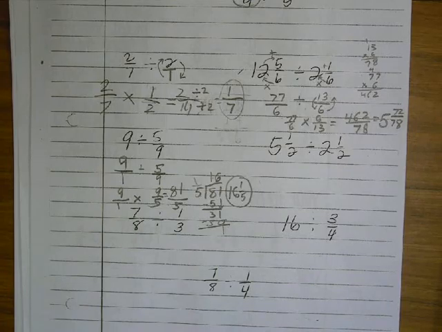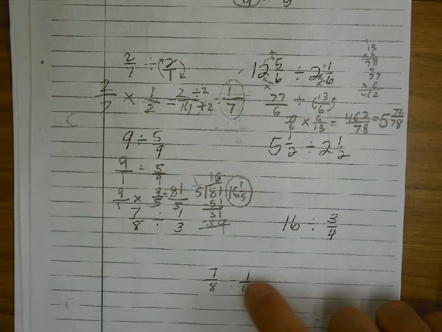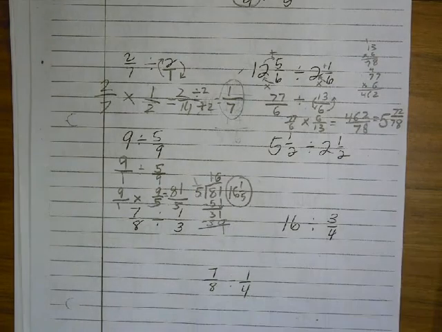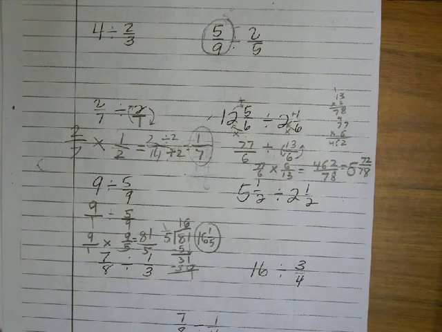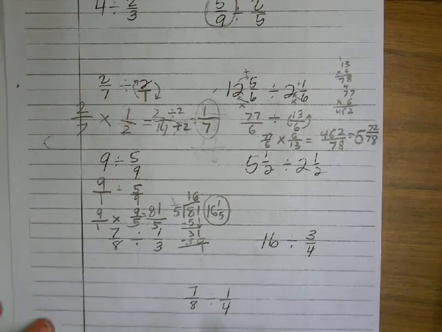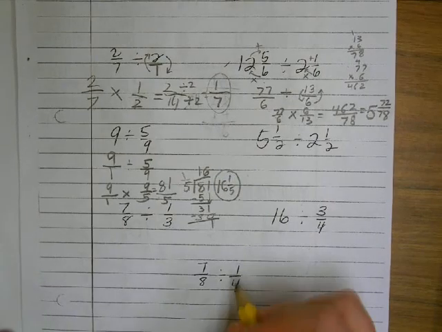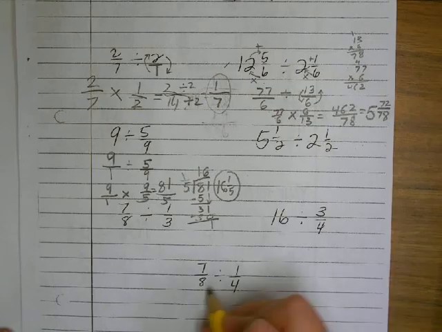You got just enough time for Amanda. Okay, let's do this one. Let's do the last one. Go for it. 7/8 divided by 1/4. What do you do first? Let's move this up. It's not your fault. Okay, what do you do? You gonna rewrite it and flip it?